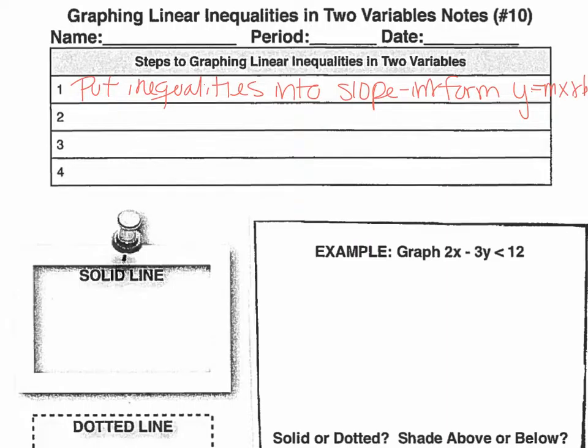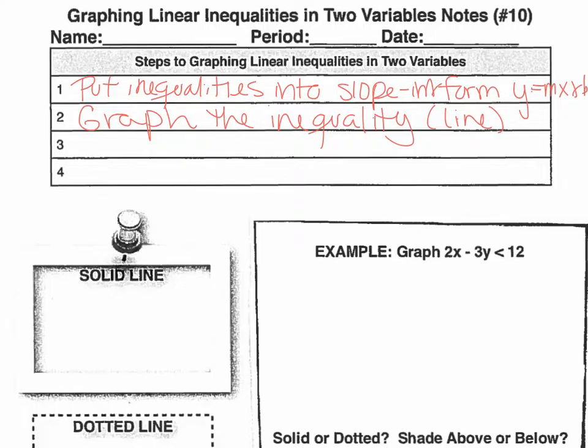Then your second step would be to actually graph the equation that you were given, or inequality in this case. Graph the inequality. So just graph the line, find the points that will go on that line.